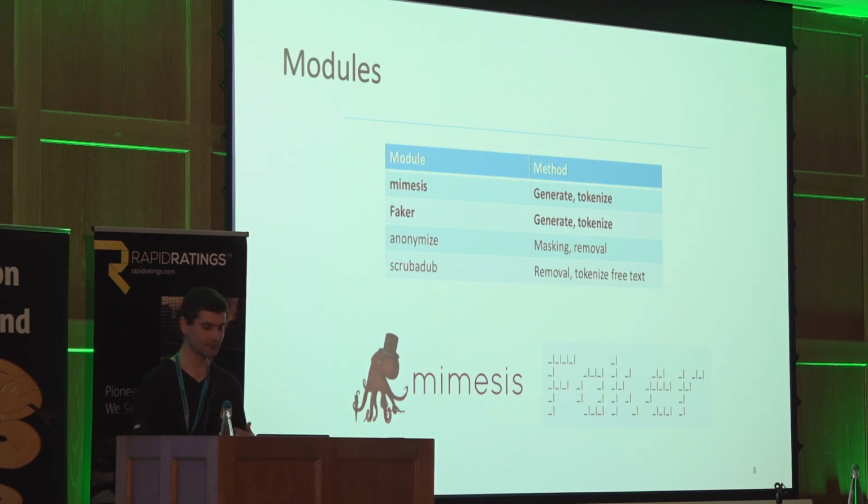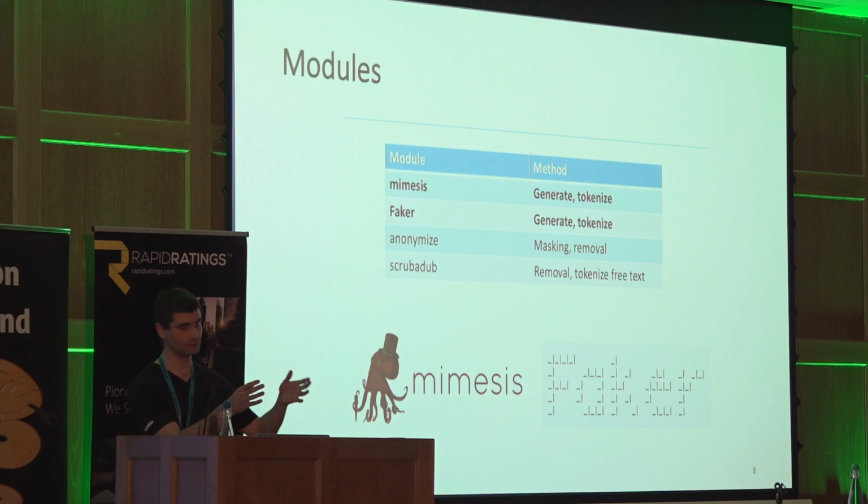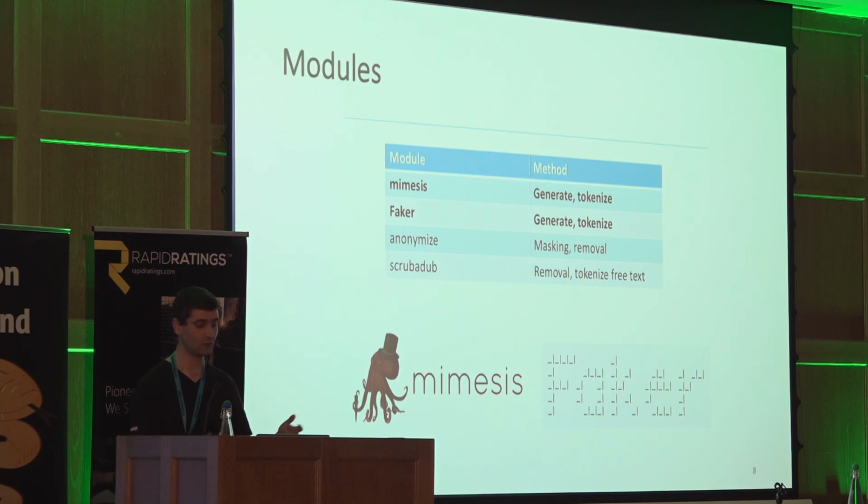The anonymized module provides only masking and removal, and scrub-adobe is quite interesting because it works on unstructured text and can analyze the text and find that there is a name in there. But the tokenization is very simple. It just says, okay, this is name 1, name 2, and so on. So it doesn't really give the idea that this data actually looks quite real after anonymization.